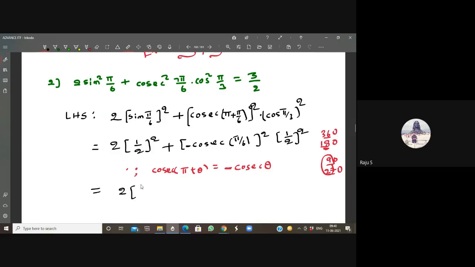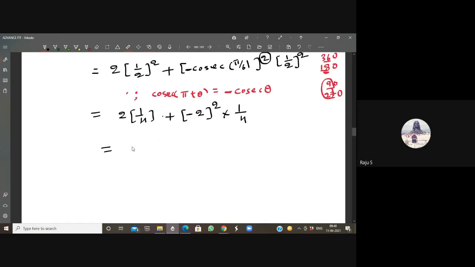Here, 2 into 1 by 4. See, minus is there, but whole square is there, so minus becomes plus. What is cosecant 30? 2. So minus 2 whole square into 1 by 4.